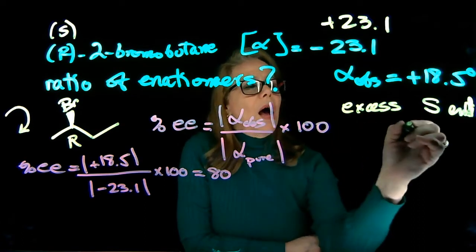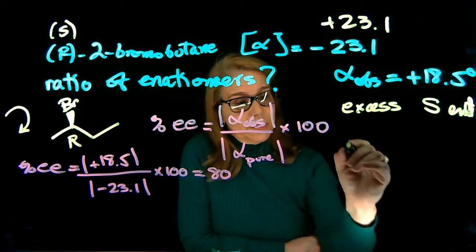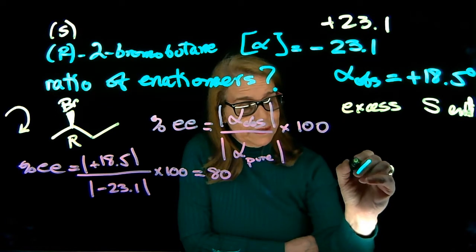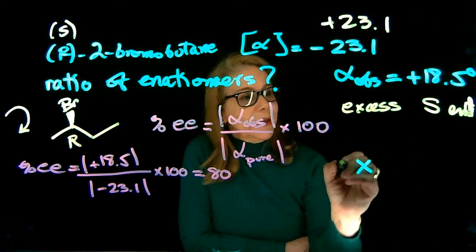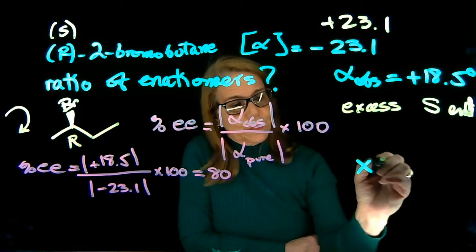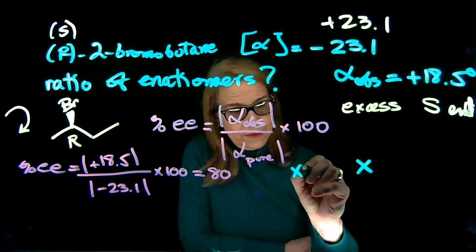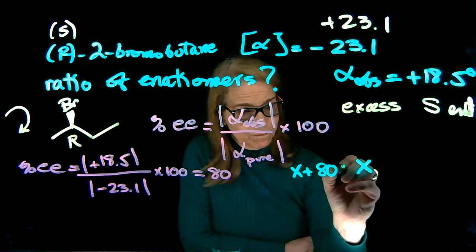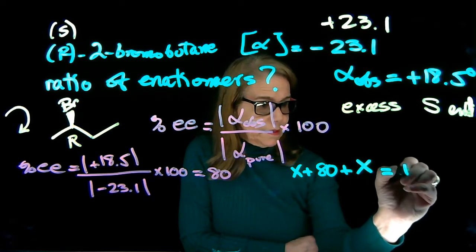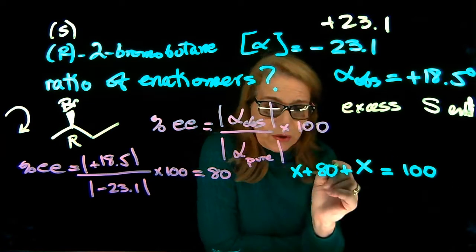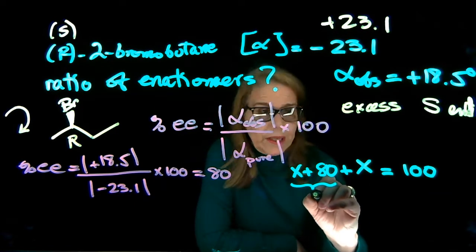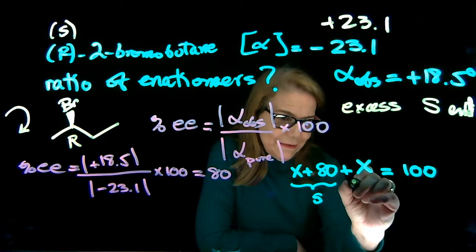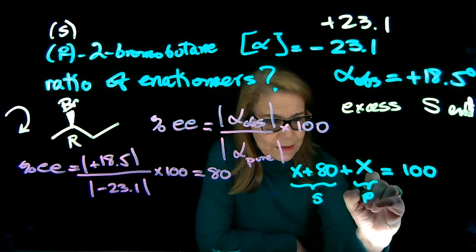Now we know one of them is going to be the R, which is in less amount, say X amount. And then the one in excess is going to be X plus 80. Again, I'm going to say that the sum of that is 100. This is the one in excess, right? Which in our case we know is the S. This is the one in less amount.